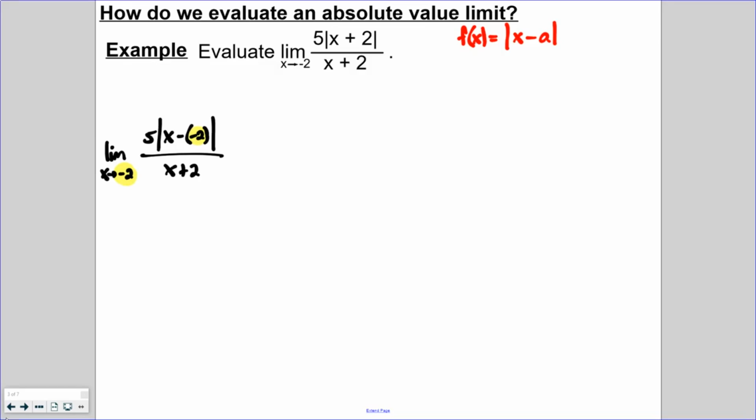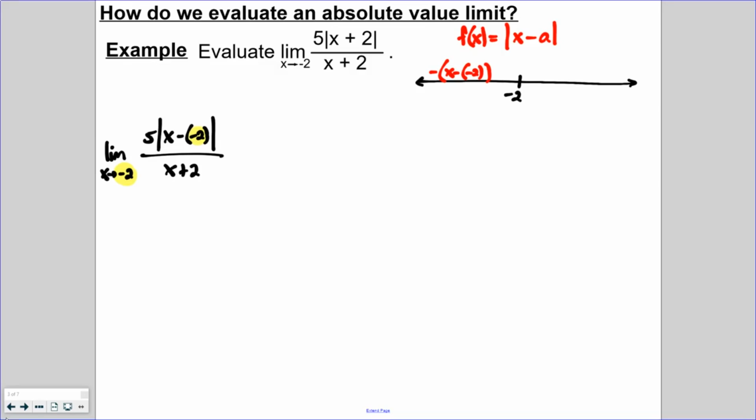And that is key here, because this means that the absolute value also revolves around the number we're approaching. So if we were to draw a number line to set this up, we know that we are approaching x equals negative 2. For all the values less than negative 2, we're going to use the negative piece of the absolute value function, so negative the absolute value of x minus negative 2.